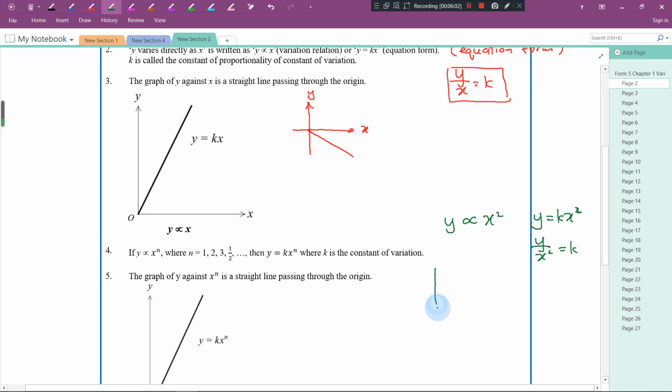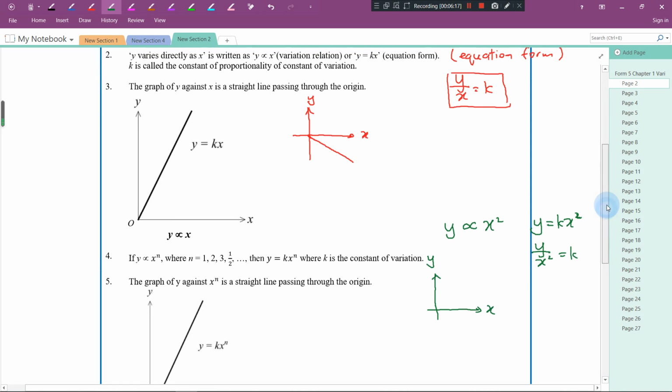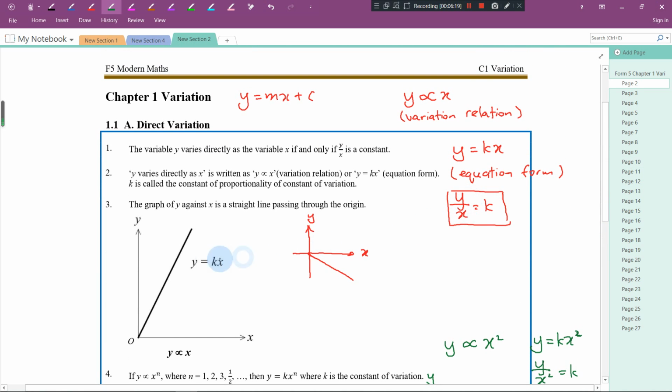So how about if I ask you to draw a graph of y against x for this situation? Will you get a straight line which passes through the origin? No, you will not get a straight line. Why? Just like I told you that you should get a straight line passing through the origin, right? That case is y varies directly as x.